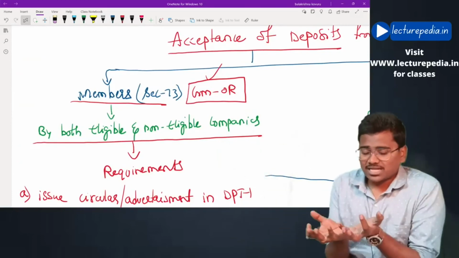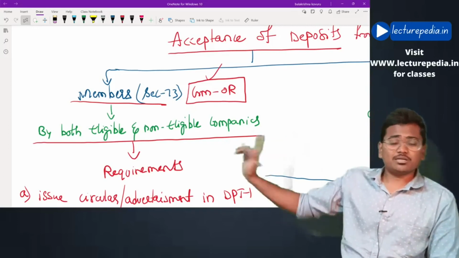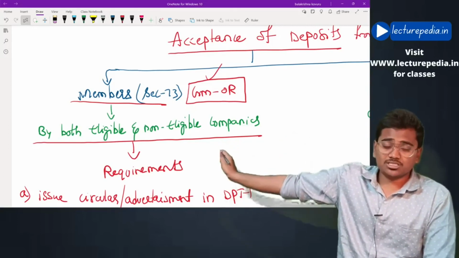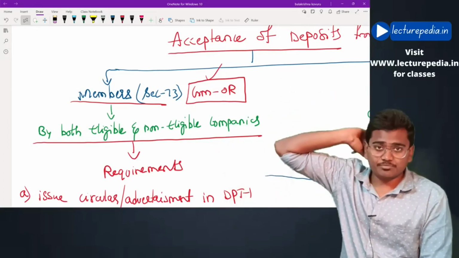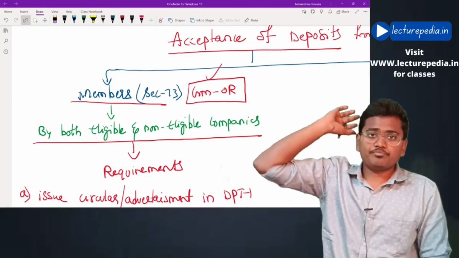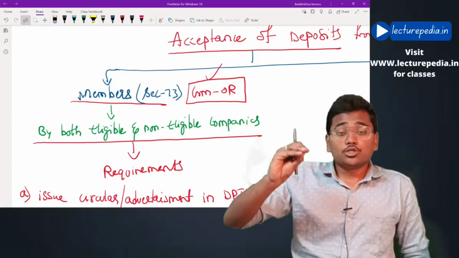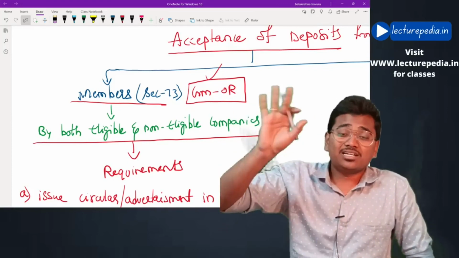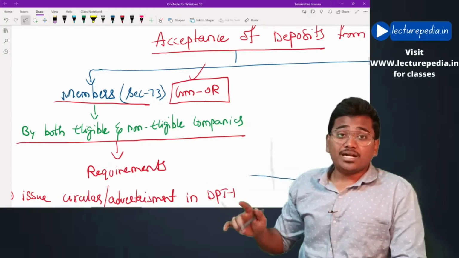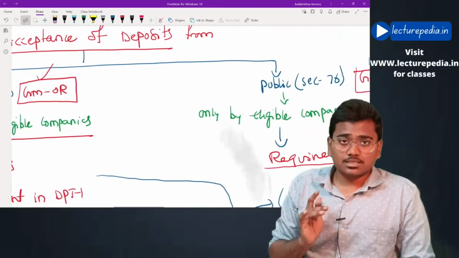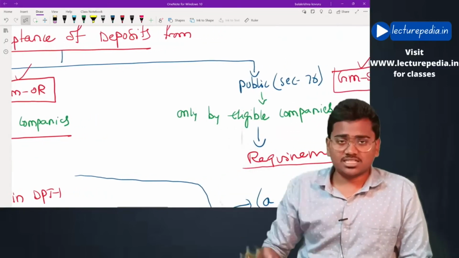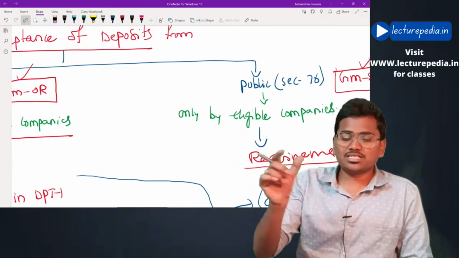Because you are raising it from members only, thereby general meeting ordinary resolution is sufficient, because section number 73 specifically mentions that resolution is required. Thereby you can take it as ordinary resolution only. But section number 76 does not mention any resolution. The term resolution is not mentioned.